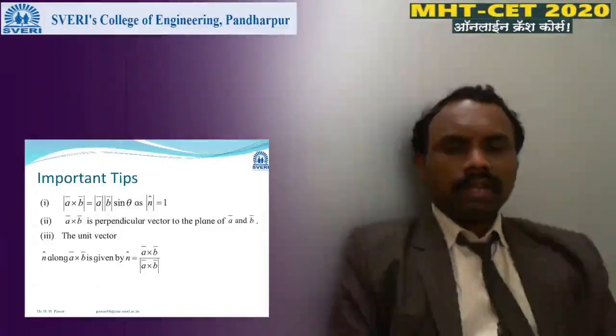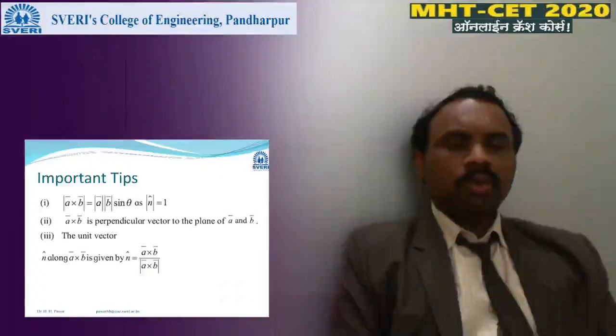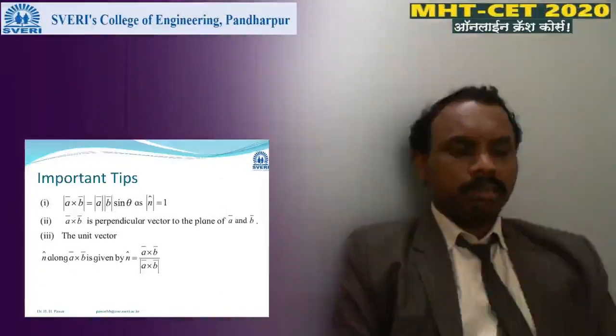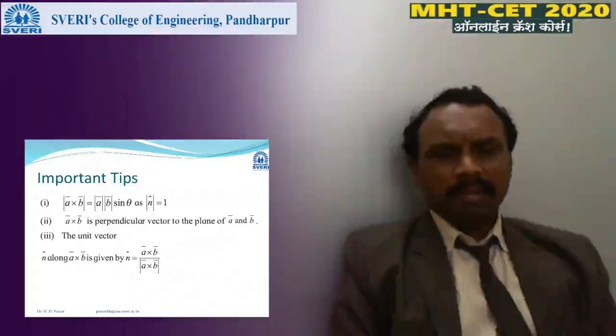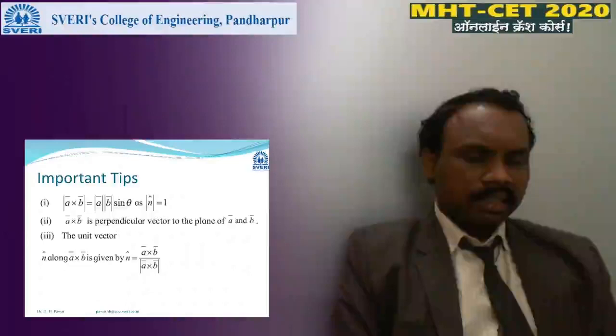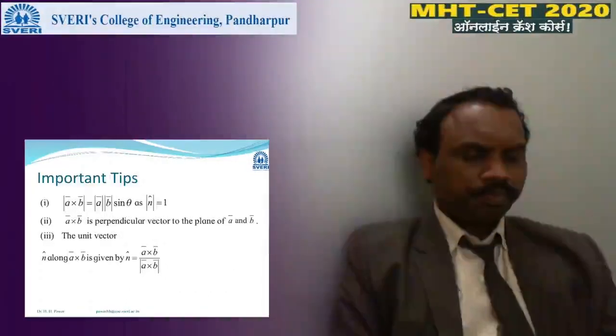And also take a note that the unit vector n cap along a bar cross b bar is given by n cap is equal to a bar cross b bar divided by modulus of a bar cross b bar. Definitely one example will be asked on this important property.